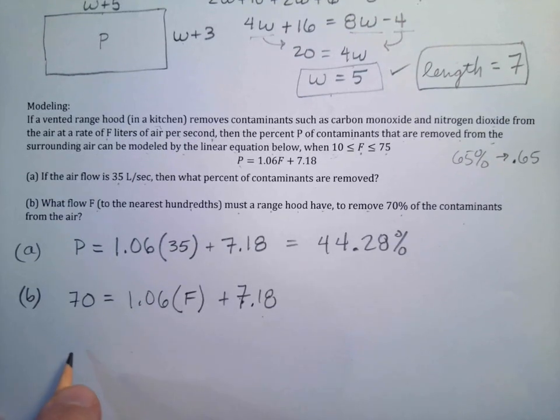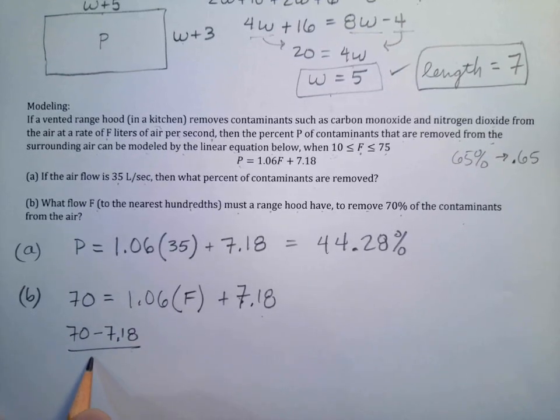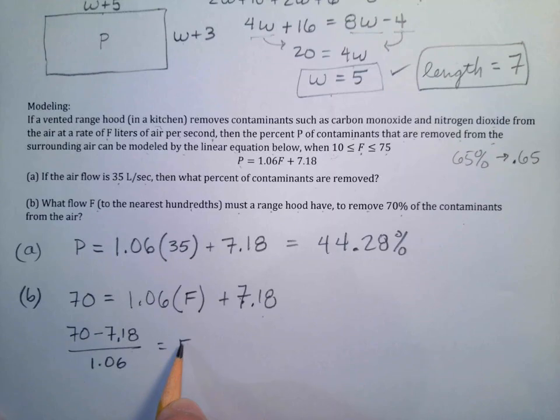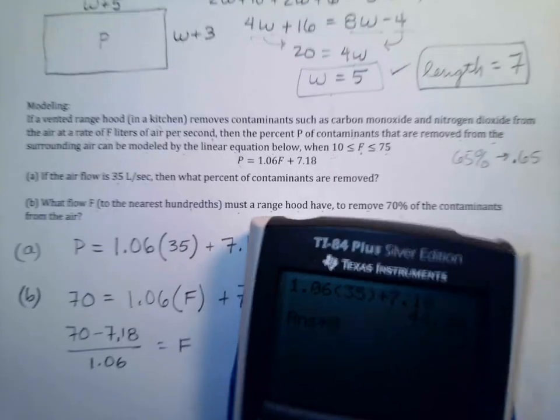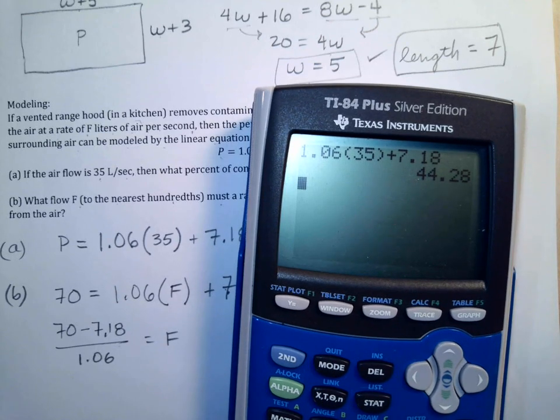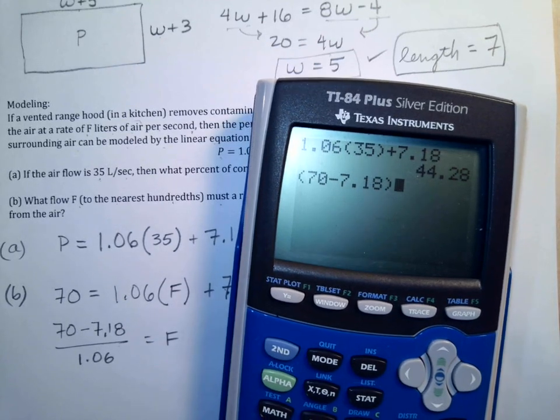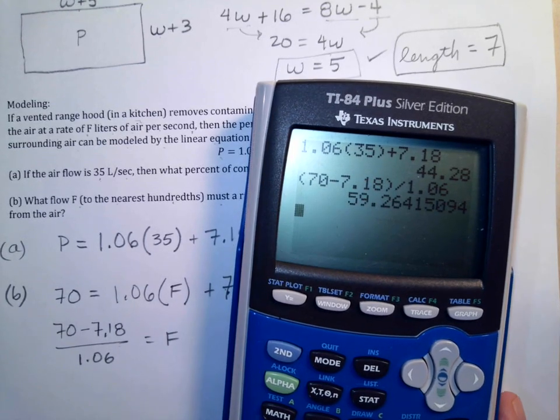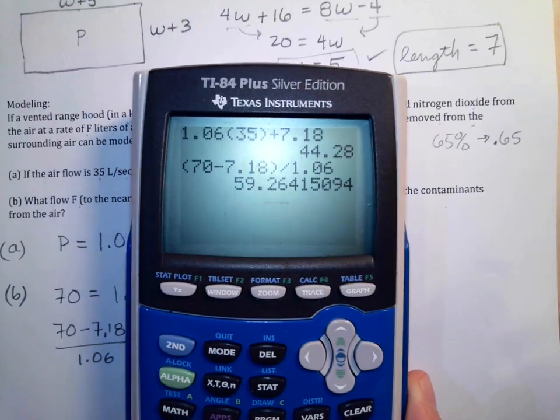7.18 over. So we'll do 70 minus 7.18, and then we would divide by 1.06, and that should be equal to F. So we can put our calculators and we can type that in. So in parentheses, 70 minus 7.18, close that parentheses, and now divide that by the coefficient 1.06, and that gives us about a rate of 59.